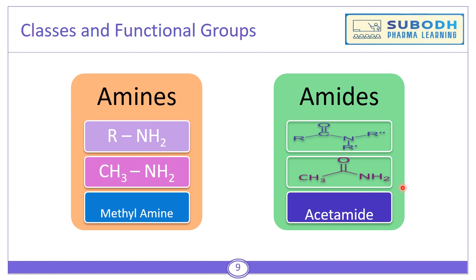But always remember that in amines only the NH2 group is present, and in amides the NH2 group is attached to the C=O group, and in some cases the nitrogen may attach to different hydrocarbon portions.